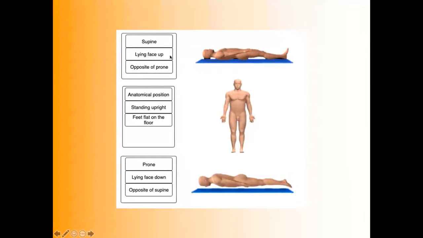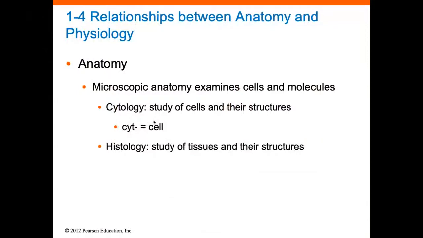So lying supine is also lying face up, and it is the opposite of prone. If we look at the bottom picture, that's prone, lying face down, the opposite of supine. In the middle picture, the individual is standing in anatomical position, which is standing upright with feet flat on the floor. Okay, easy enough, straightforward, just some basic terminology and basic concepts.